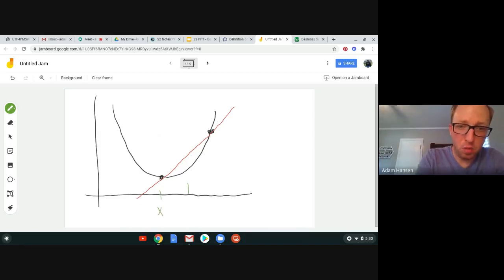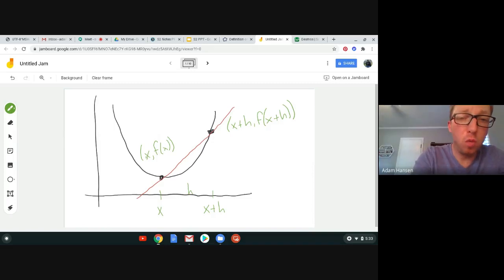I add on some horizontal distance till I get to the second point, which would be x plus h. So as a coordinate, the first point would be x comma f of x. The second point would be x plus h comma f of x plus h.